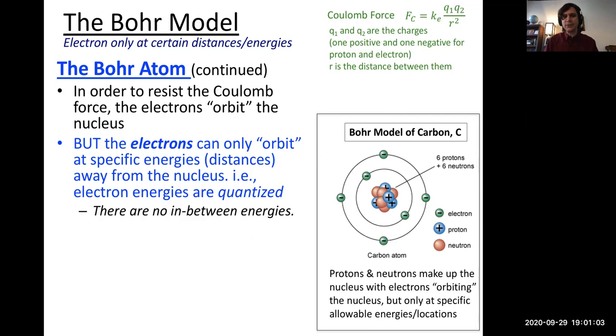And that is going to be the genius of Bohr, that the electrons can't orbit at any distance. They can only orbit at specific distances. To say that another way, exactly the same, is that electrons can only orbit at very specific energies. And these electron energies, since they're very, very specific, restricted in values, are quantized.